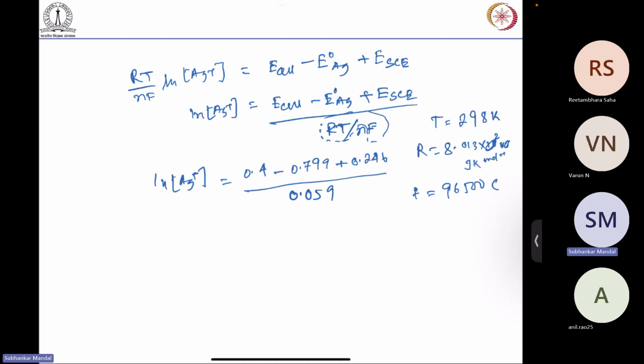And Ag plus is going to Ag, so n is equal to 1. So this is the thing.